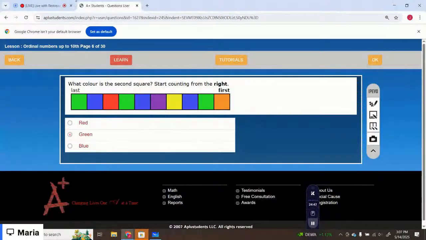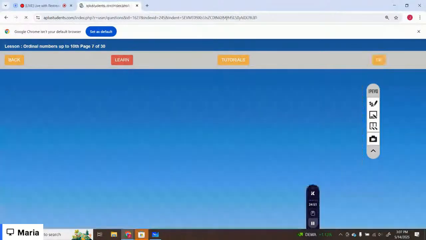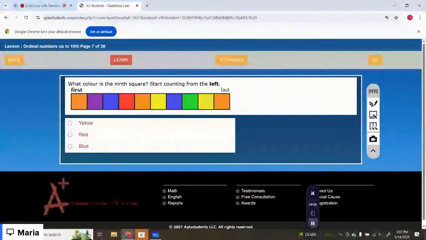Option number two is the correct option. What color is the ninth square? Yellow. Okay, you can complete the lesson by yourself today.